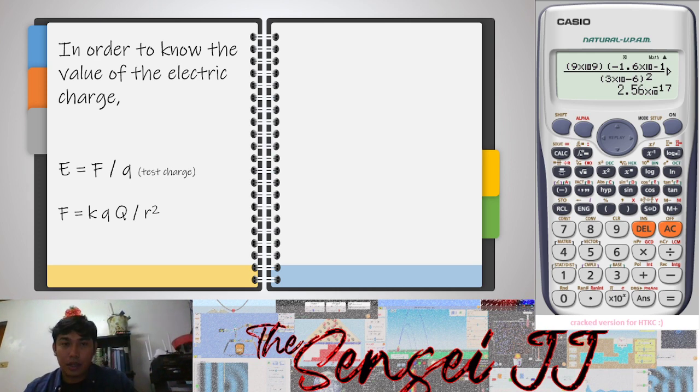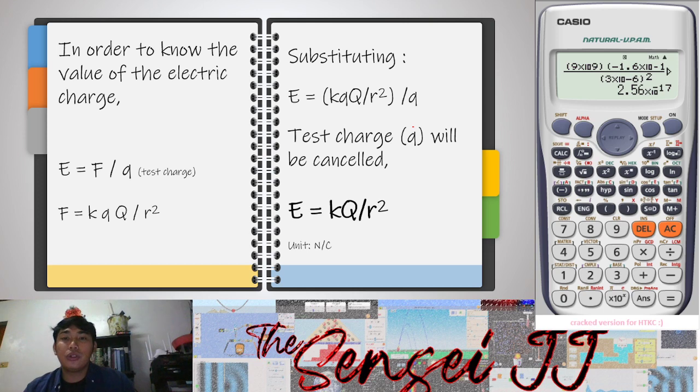Okay? So substituting the value of our force in our formula, we have here electric field is equivalent to k times test charge multiplied to our point charge all over r squared, all over q, or our test charge.